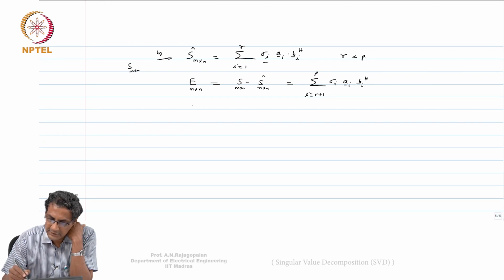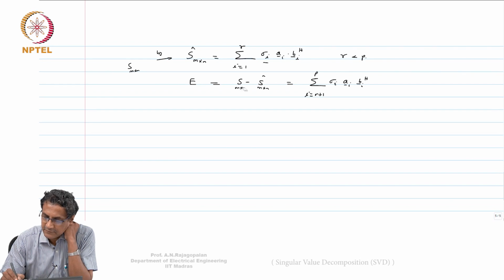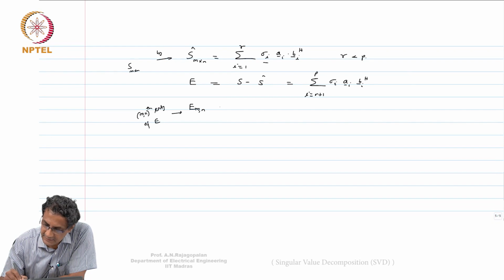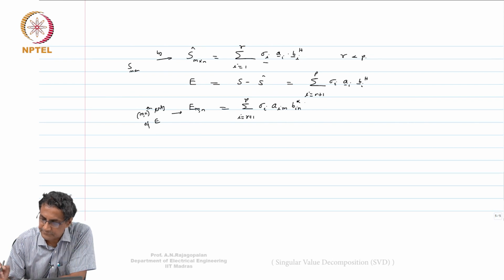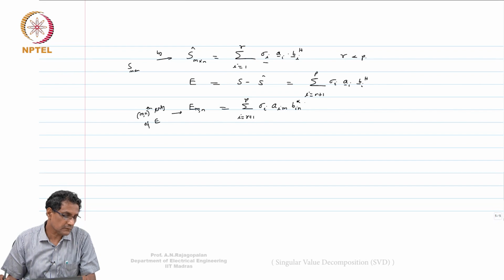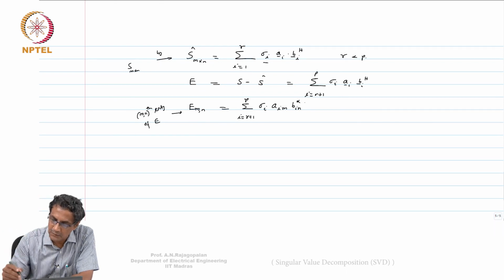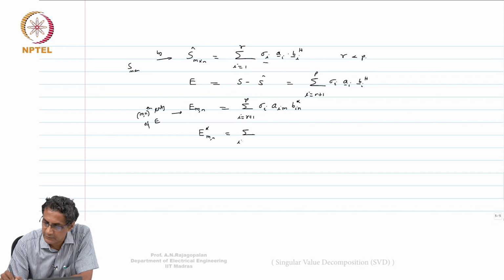Suppose I write E(m,n) to mean the mnth entry of E. Then that can be shown to be, and I leave it to you or you already know what it is, the sum from i equal to R plus 1 to P of sigma i a_i(m) b_i(n) star, down to the scalar expression now, where the star is of course the complex conjugate. Now E star (m,n) will be the summation i equal to R plus 1 to P. Sigma is anyway real, therefore that just stays like that.